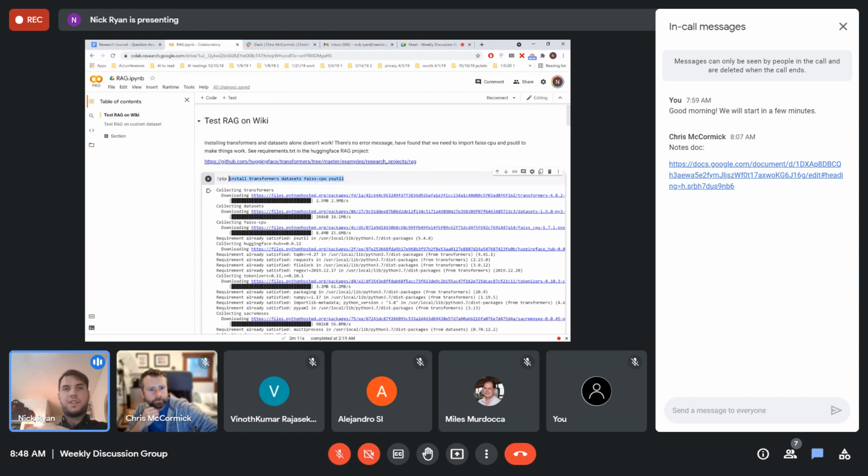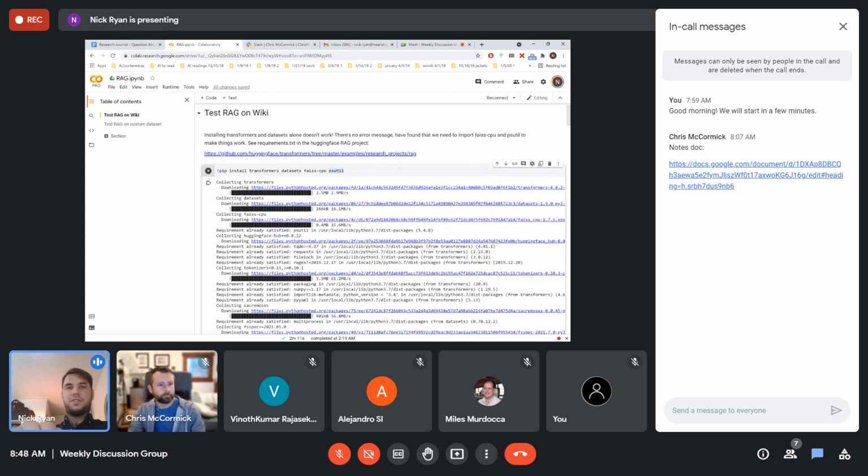So it will tell you need transformers and datasets, but after you install transformers and datasets and load them, it simply won't work. So it took a little while to find out, and there's no error message that you also need faiss-cpu and psutil to make any kind of RAG example run, as far as I've seen. So hopefully this is a real time saver for anyone interested in trying this out.